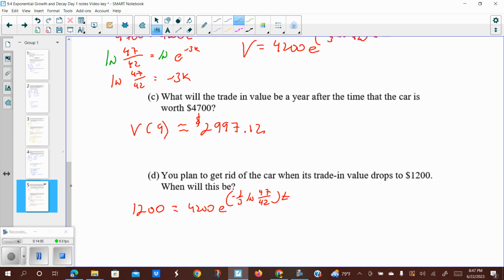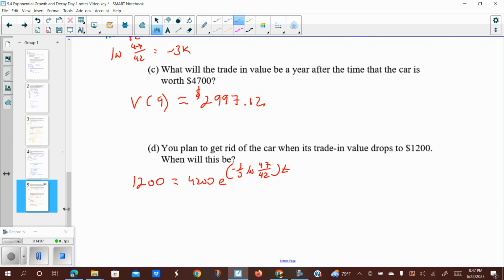I am not actually going to run through the algebra of this one like I have in the past. You would divide by 4,200, take the natural log on both sides, and then divide by what's left in the parentheses. And here we will get that the time is approximately equal to 36.413.